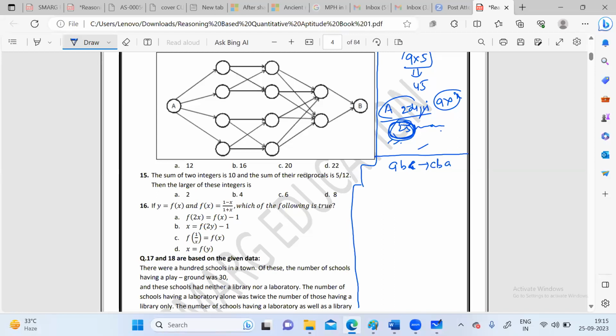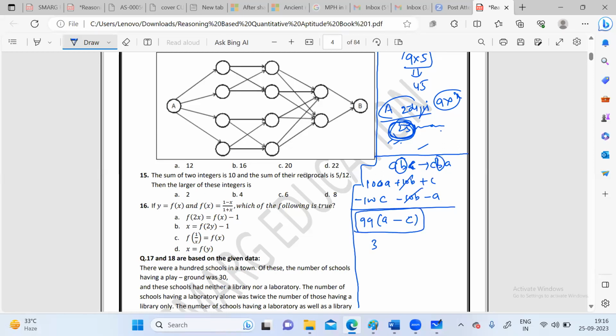Now, if we write it in algebraic format, it will be 100A plus 10B plus C minus 100C minus 10B minus A. If you subtract it, you get 99A minus 99C, because the mid digit will not have any impact. So the difference will always be a multiple of 99.